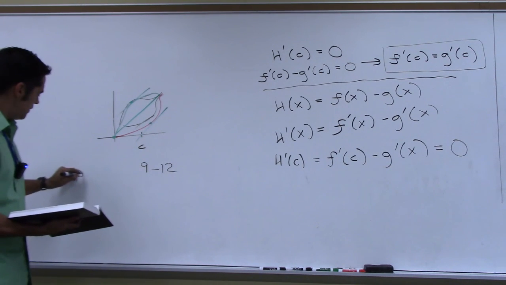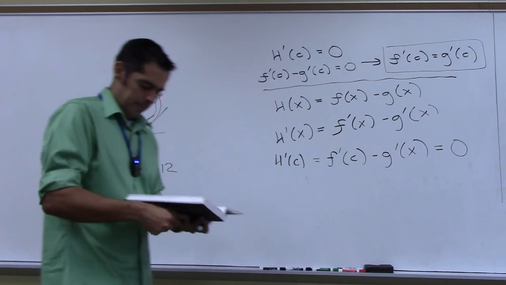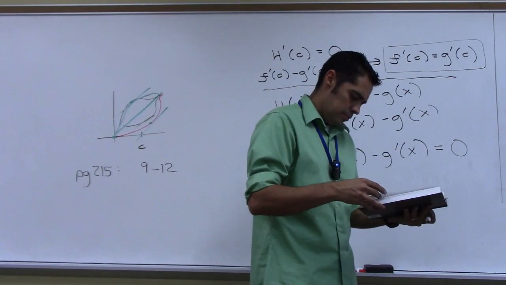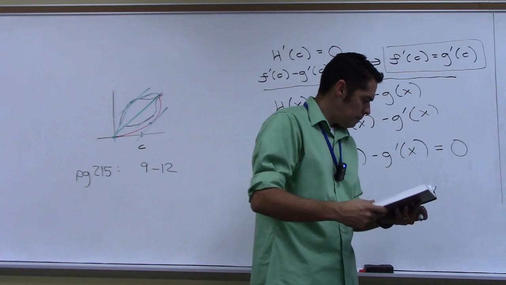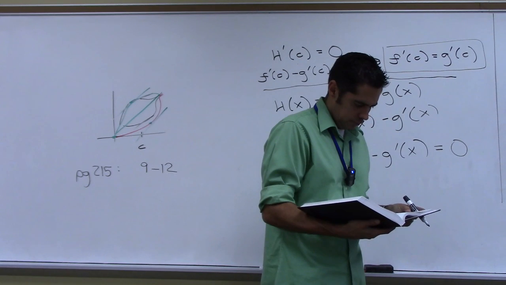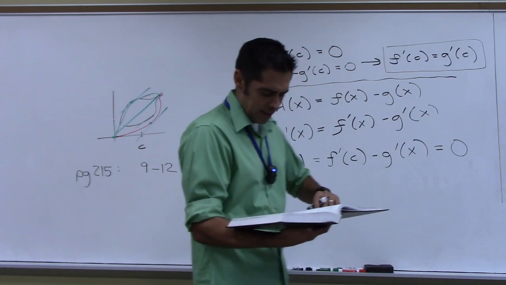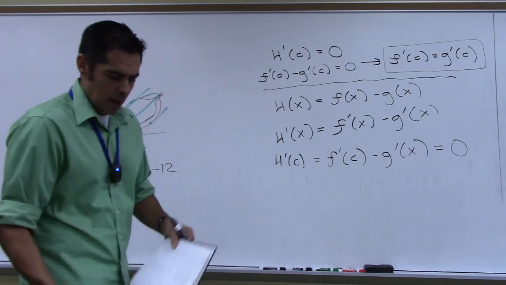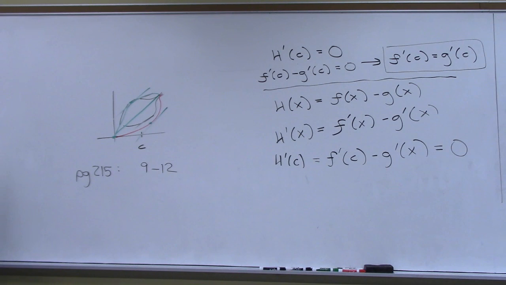This is off page 215. Now, they don't give you a whole lot of these to practice. I don't like that, but this 9 through 12, and I already did one. So that's it for this section.